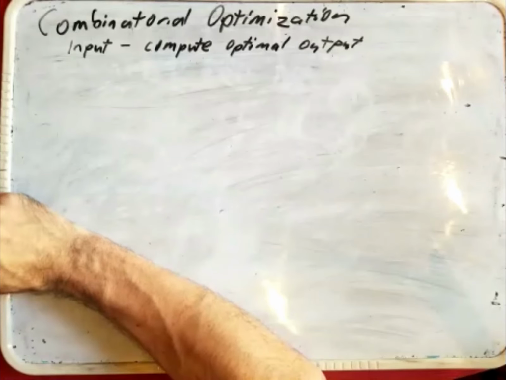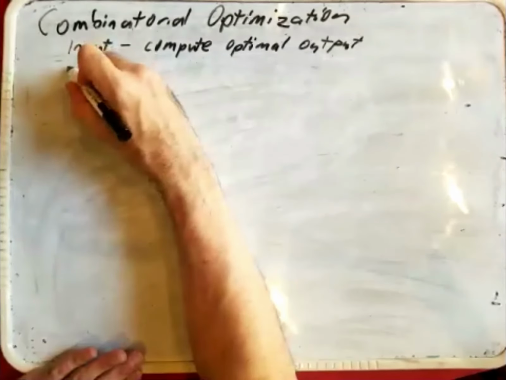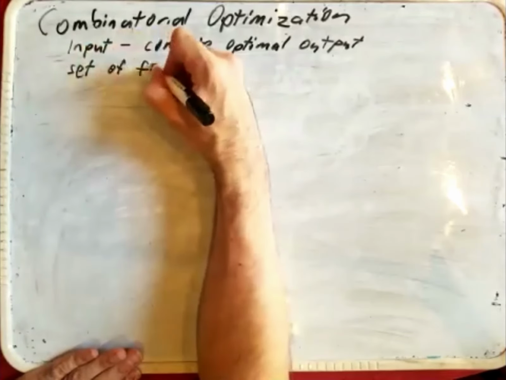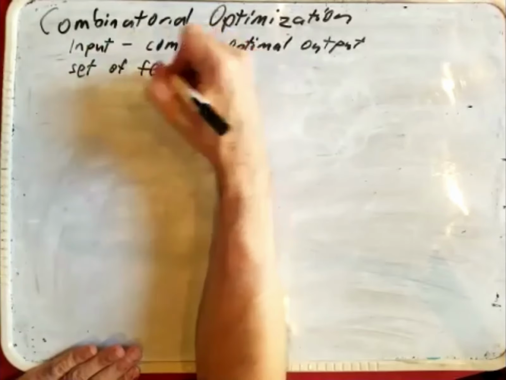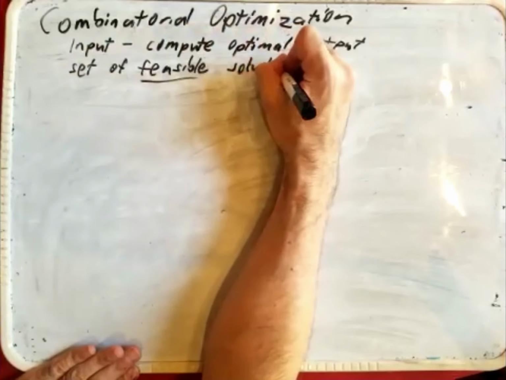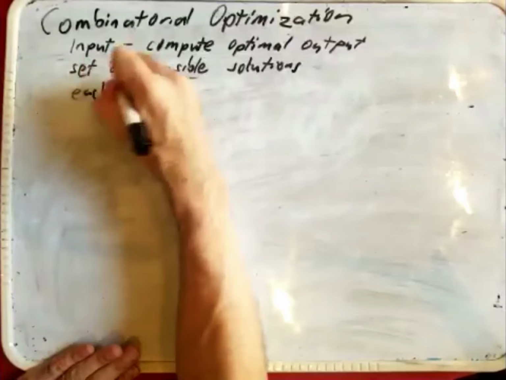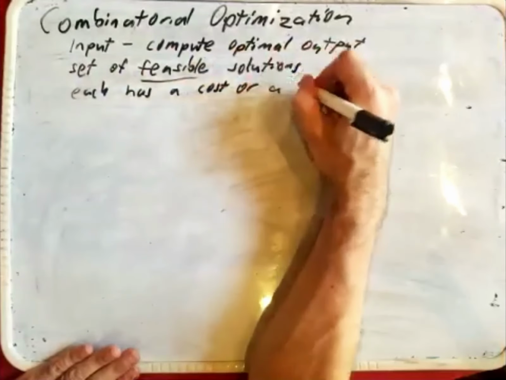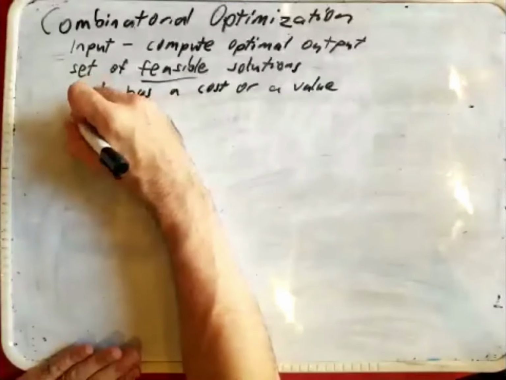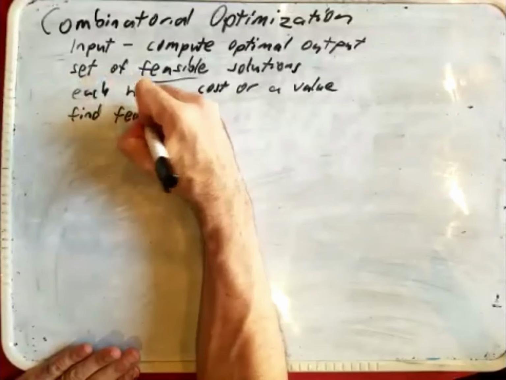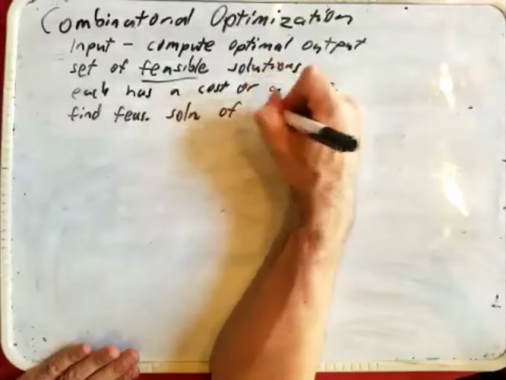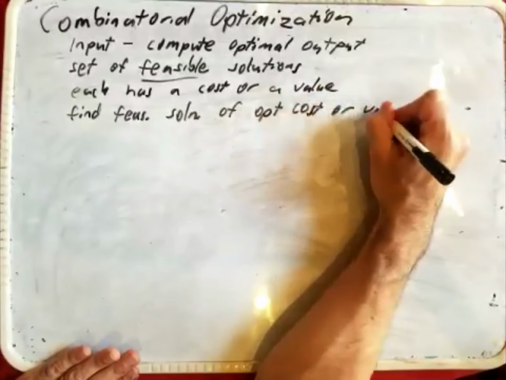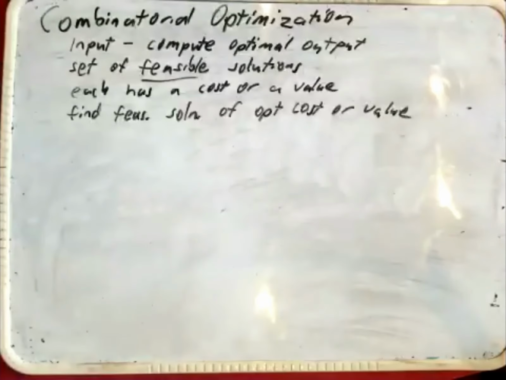The general notion is that any combinatorial optimization problem has a set of feasible solutions, those which are allowed, and each of those feasible solutions has a cost or a value, and you want to find the feasible solution of optimum cost or value. Sometimes you're trying to minimize the cost, sometimes you're trying to maximize the value.